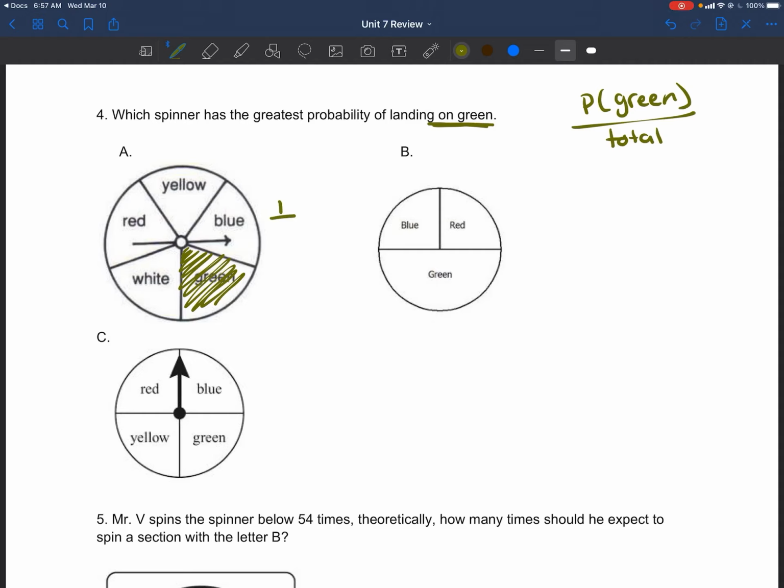Letter C, I only see that I have 1 green, so 1 out of 4. And on this one, letter B, it's literally half.